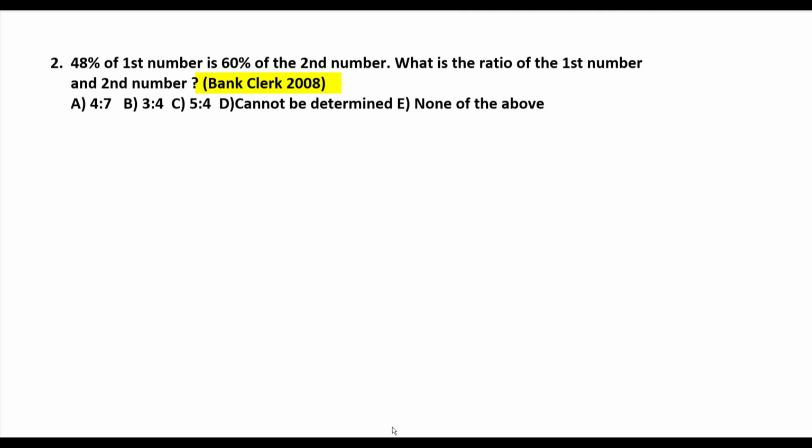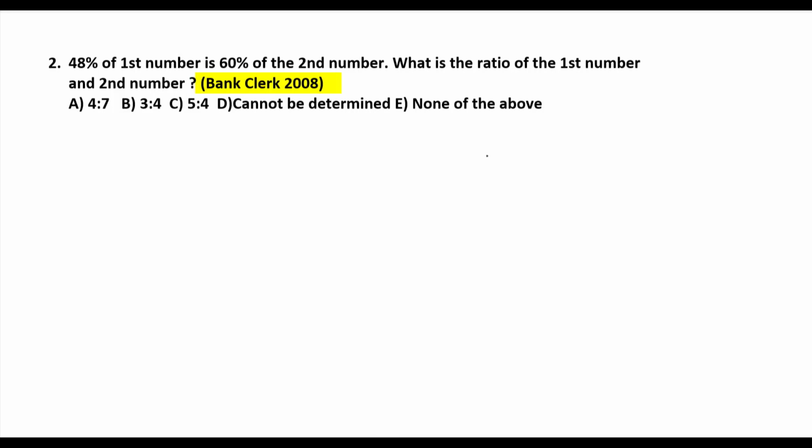The second question is 48% of first number is 60% of second number. So what is the ratio of first number to the second number? These kind of questions can be solved in a single step, and that is, what they've asked us to do is the ratio of first number by second number.